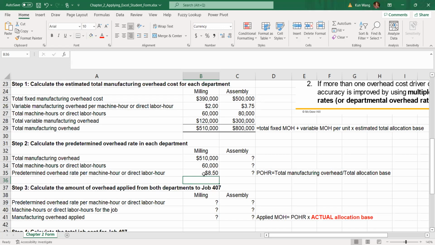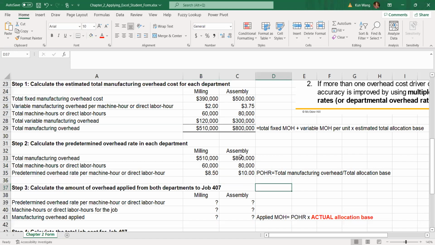Per machine hour. And everything I can copy to the assembly, because we get the data from step 1. So everything is just to change the column, so I can do them together. You can see that really saved me some time. Group them together and drag it to the assembly column.